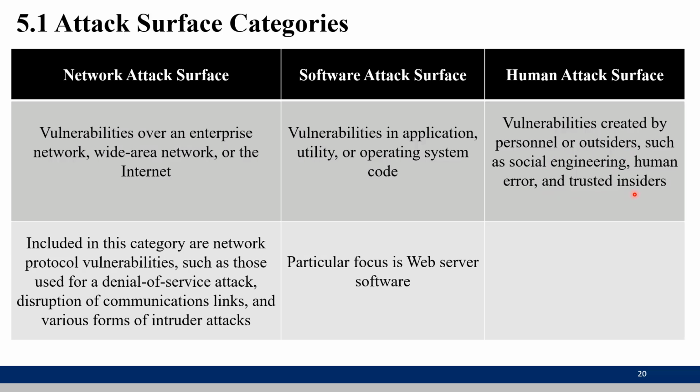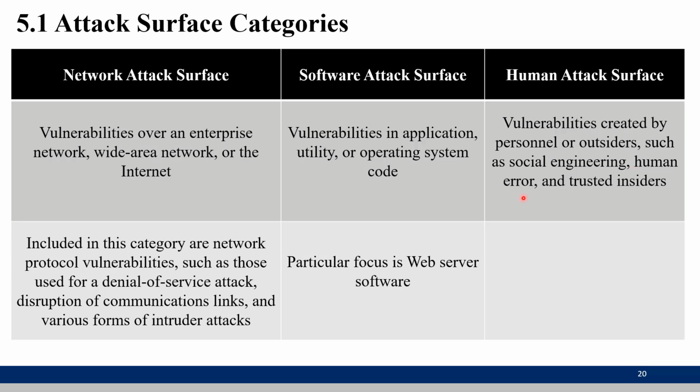I'll give you a very simple example. Some people, particularly older people, write the ATM PIN number on the backside of the ATM card. This comes under the human attack surface. If you get an ATM card from someone, you can find the PIN number written on the other side. This is human error.